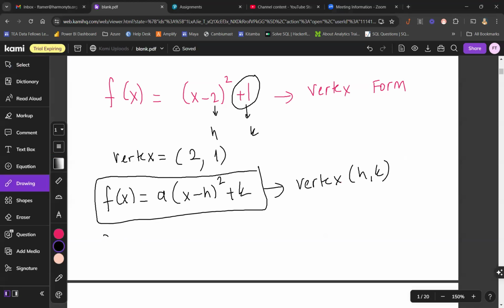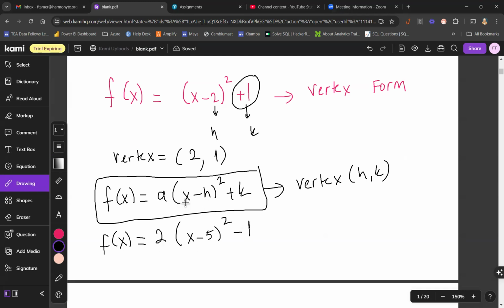So if I explain one more time, if I have a question like 2 parentheses x minus 5 squared minus 1, I am going to match it with the formula. 2 is like the vertical stretch amount, which has nothing to do with the vertex, so this is not going to affect the vertex for now.